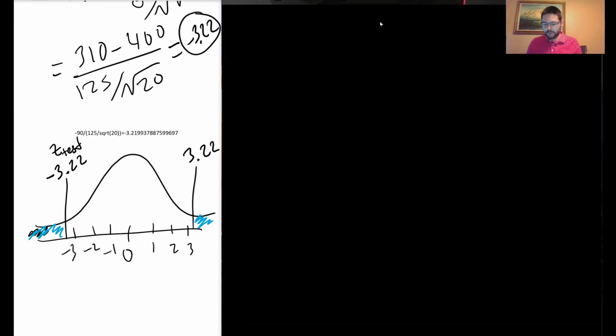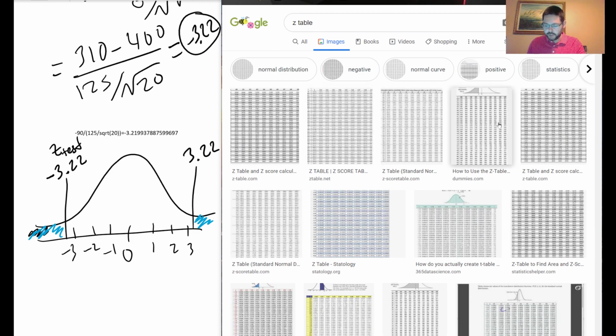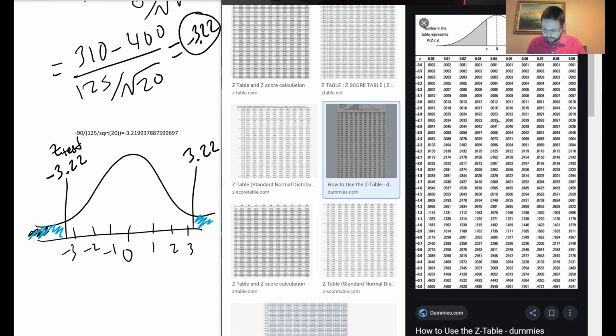And if you go on images, you can look up various images of the z-chart. If you don't have your z-chart with you, you can go ahead and look it up, all right? They're readily available.